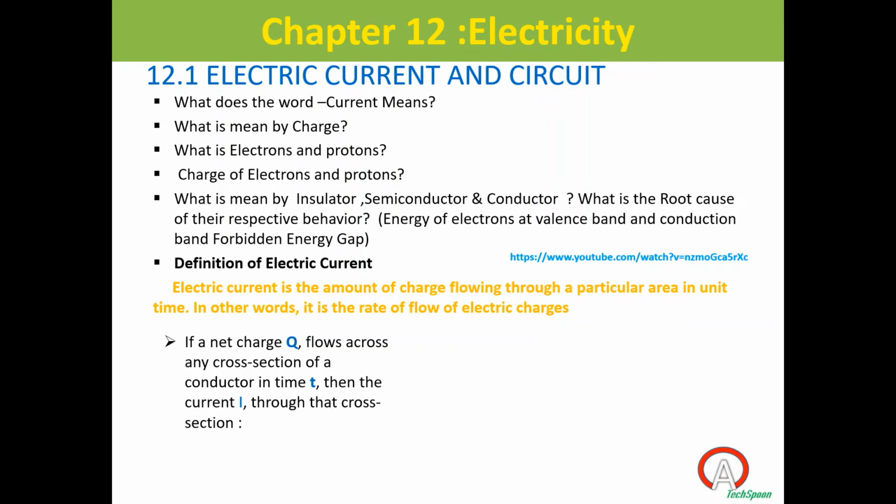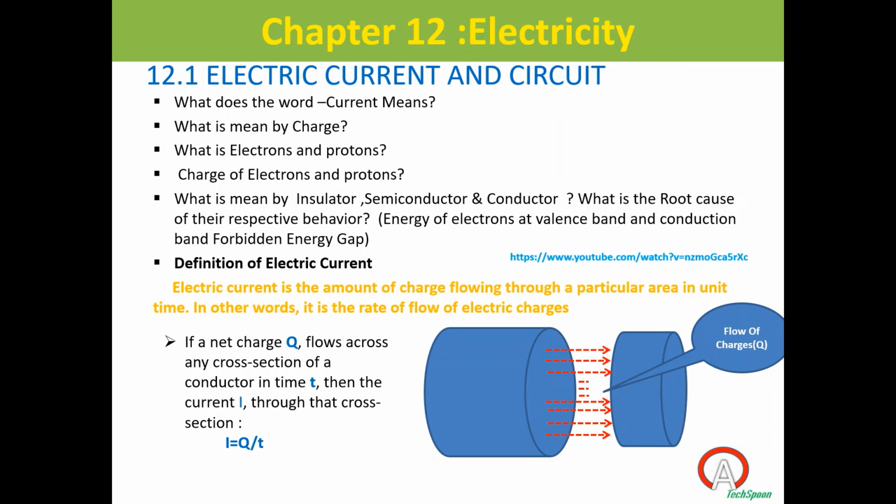Below that, write down: if a net charge q flows across any cross section of a conductor in time t, then the current I through that cross section is given by I is equal to q by t.